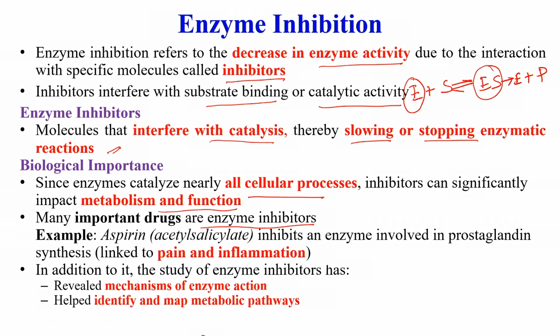For example, we take aspirin, which inhibits an enzyme involved in prostaglandin synthesis, which is linked with pain and inflammation. In this way inhibitors can be used for a given application. In addition, inhibitors help to reveal the mechanism of enzymatic reactions and to identify and map certain metabolic pathways.